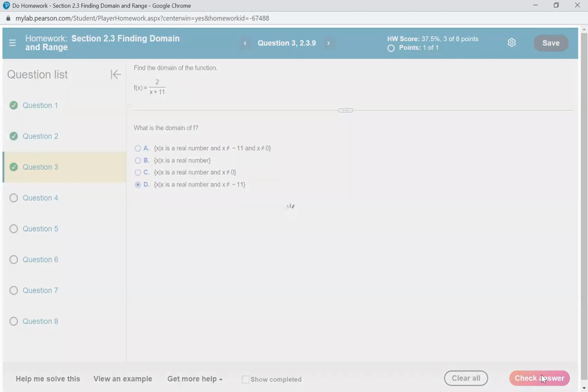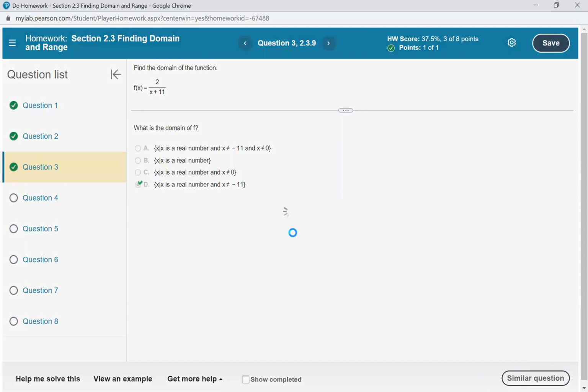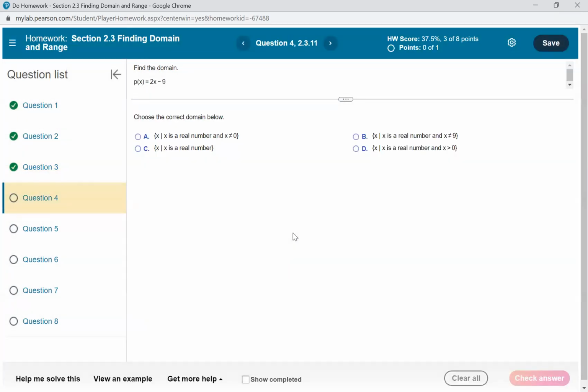All right, so I'm gonna move on and see what y'all do. Find a domain. P of x equals 2x minus 9. A, B, C, or D? C. Is it C? Yep.